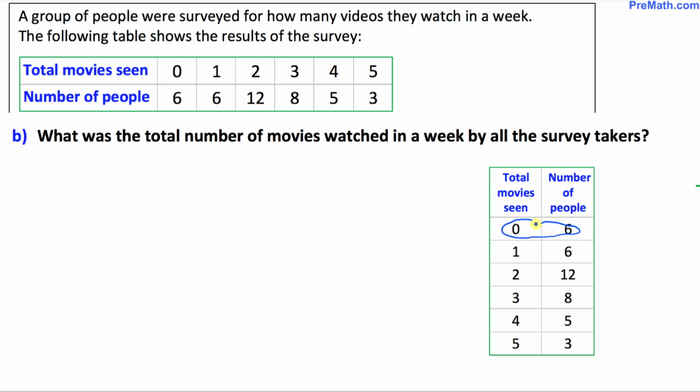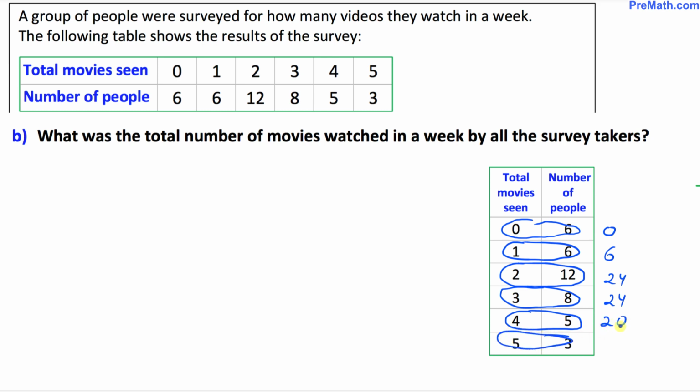So the very first thing we are going to do is multiply these numbers. Okay, 0 times 6 is 0, 1 times 6 is 6, 2 times 12 is 24, 3 times 8 is 24, 4 times 5 is 20, and 5 times 3 is 15.